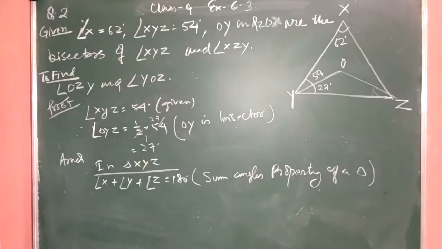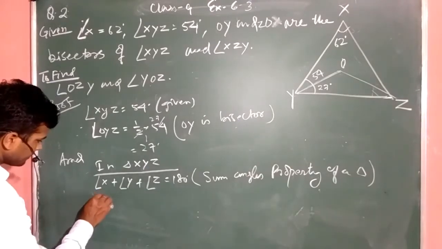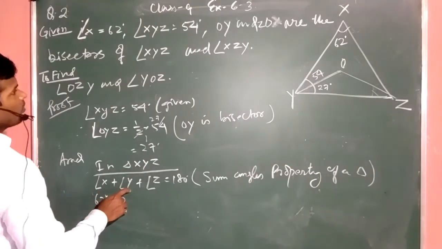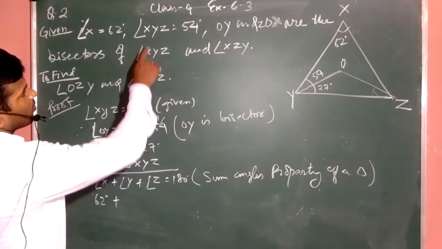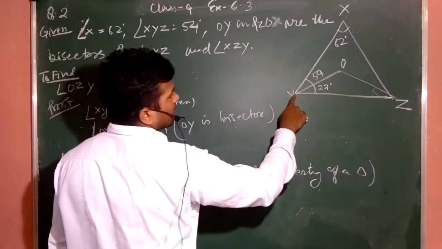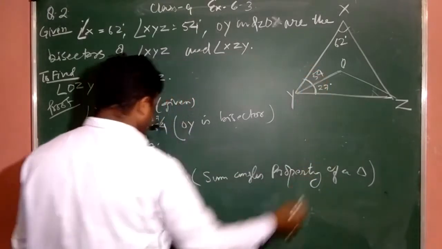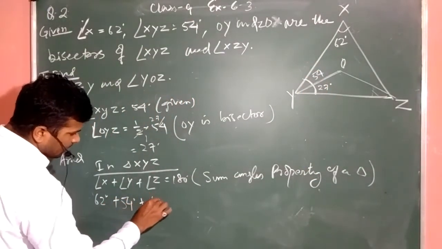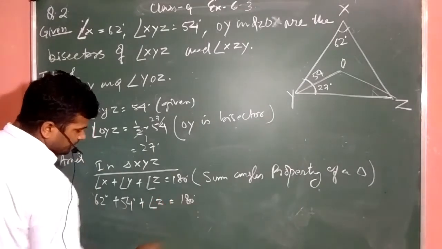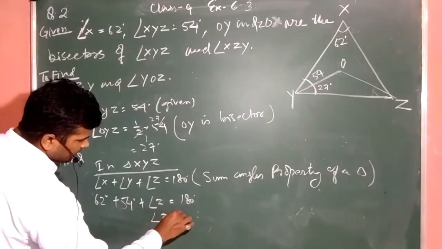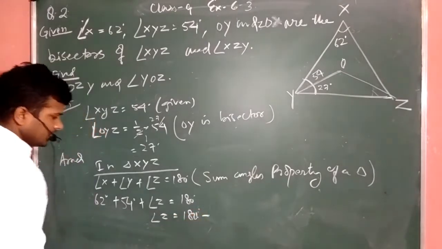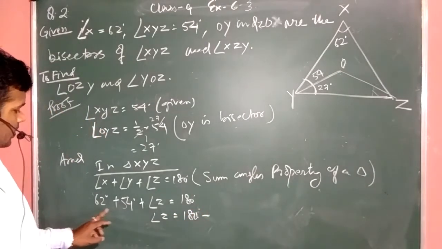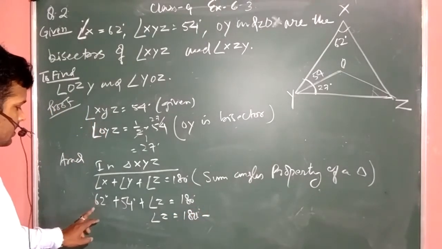Angle X is given 62 degrees. Angle Y is given 54 degrees, and angle Z we don't know, so 180. So angle Z is equal to 180 minus 116. 4 plus 2 is 6, and 6 plus 5 is 11.